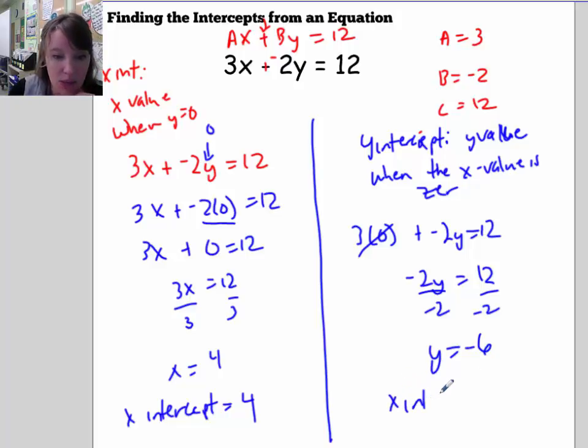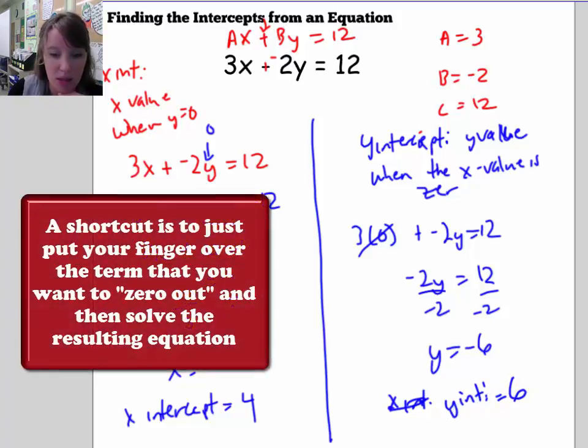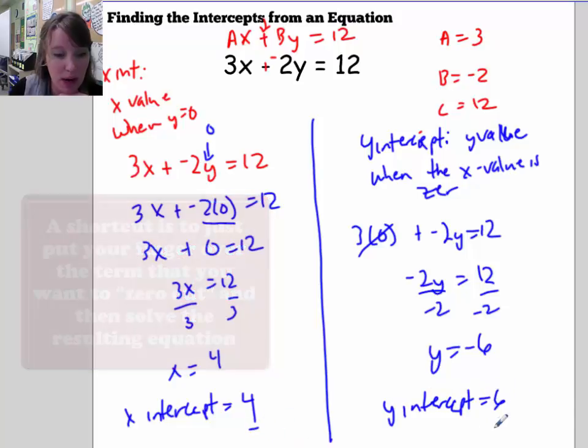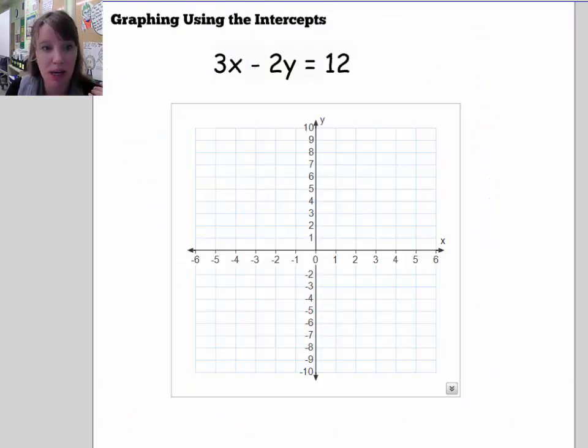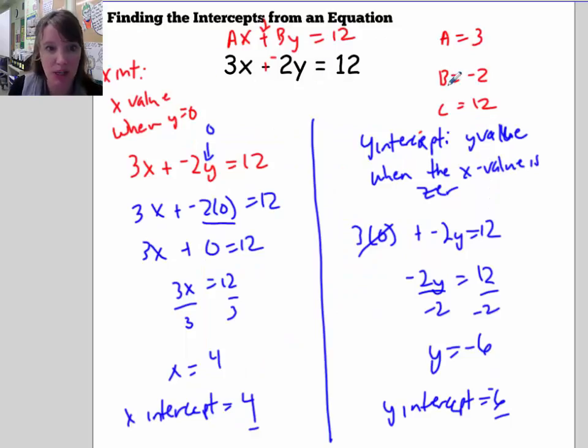So our y-intercept is equal to -6. And let me just write this out a little bit neater. Okay, so we have our x-intercept and we have our, oh, this is -6. We have our x-intercept and we have our y-intercept, okay? So what we can do with that is, this is the same equation that I had before.